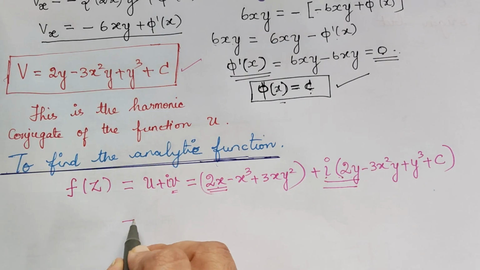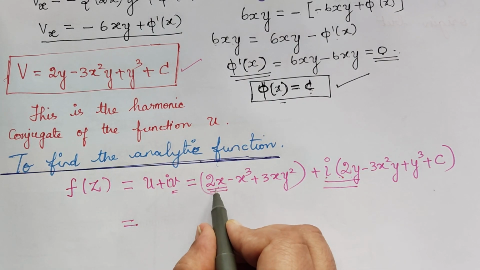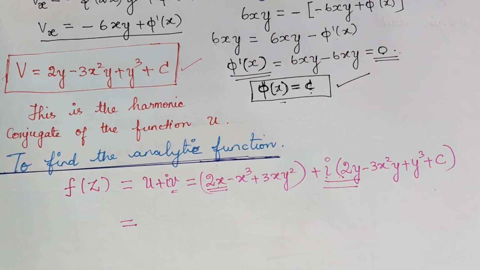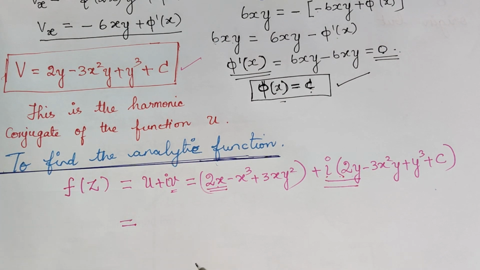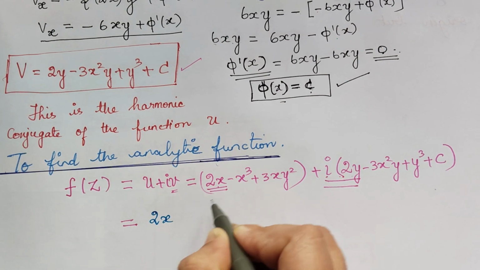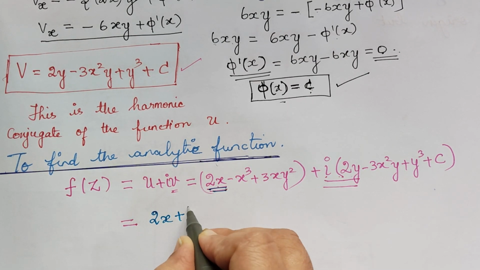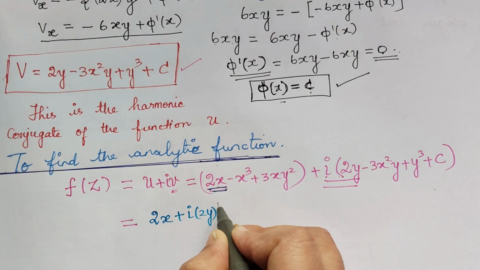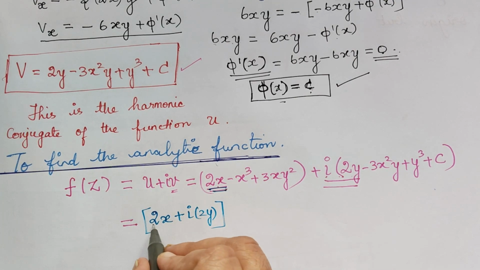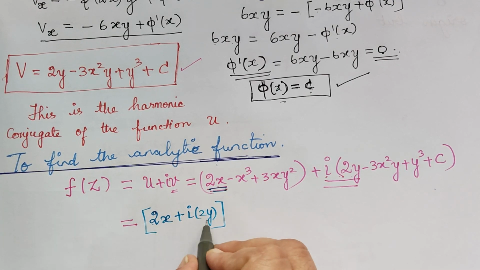So this is 2x plus i multiplied with 2y. Now when we write this separately, we can take this 2 in common and write it as x plus iy.